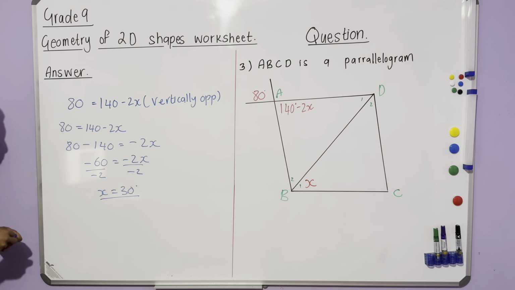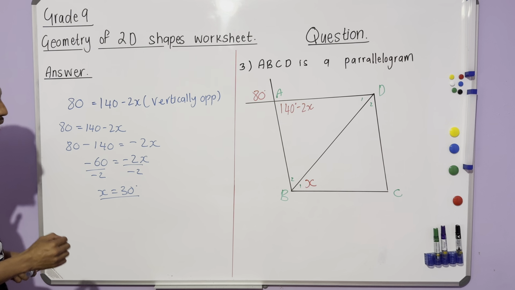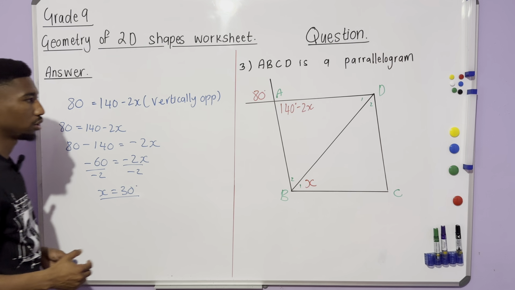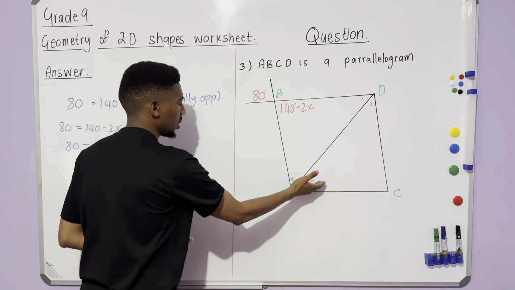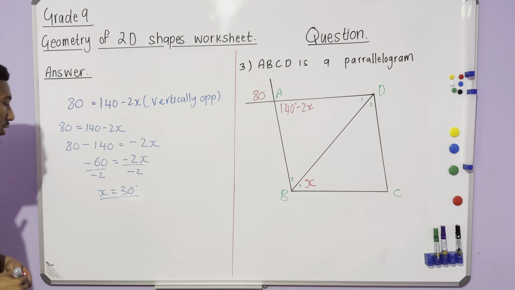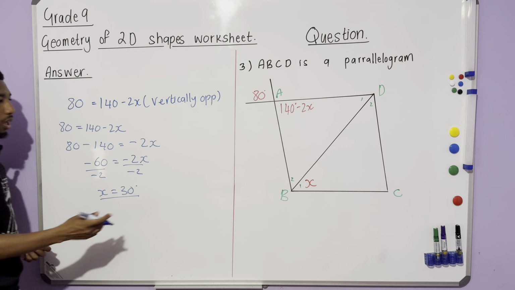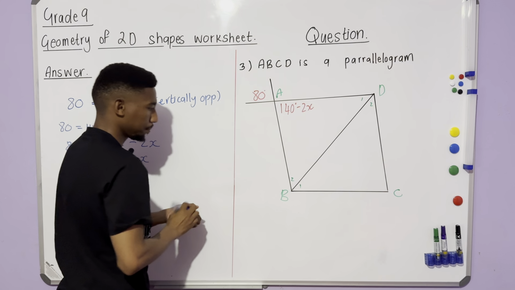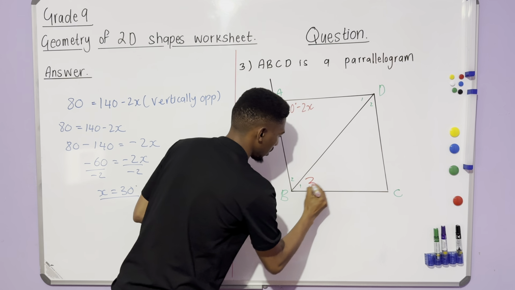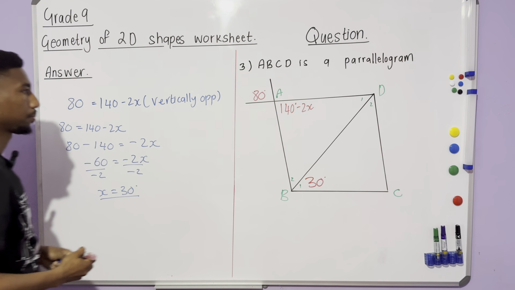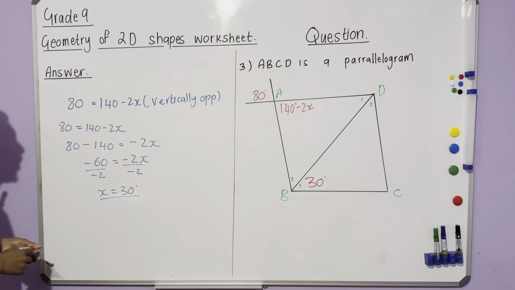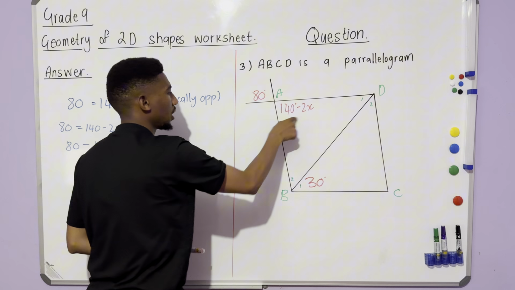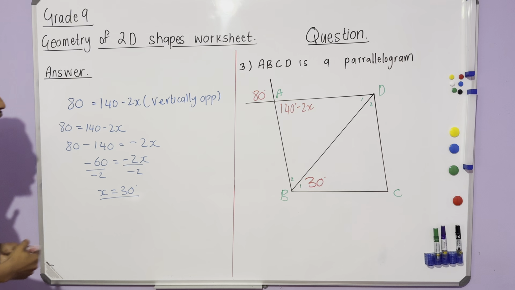Now that I have that bit of information, I'm going to find the interior angles. I know x is 30, so I can replace this x over here with 30 degrees. And if I look at this angle over here, it is 140 minus 2x.